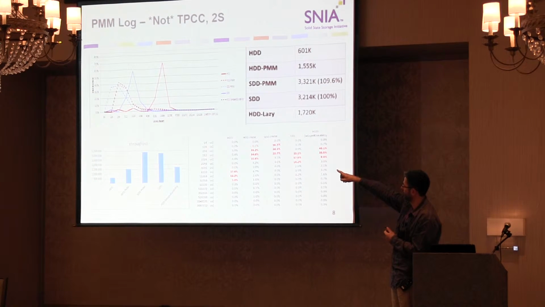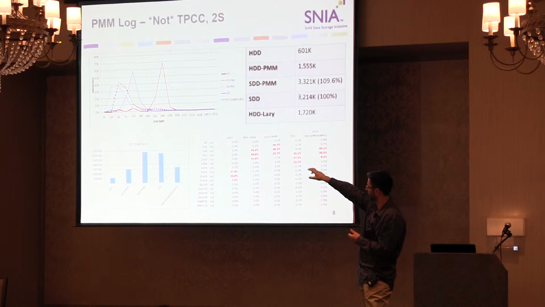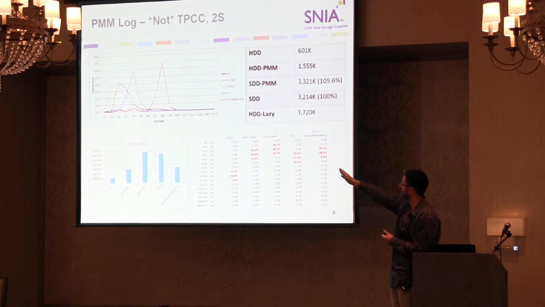The dotted blue line is the latency with the cache line log implementation, whereas the spike is a hard drive. You can see the latency for a traditional SQL Server implementation on top of a hard drive being about 16 milliseconds. The peak for the PMM implementation is around maybe 200 microseconds.